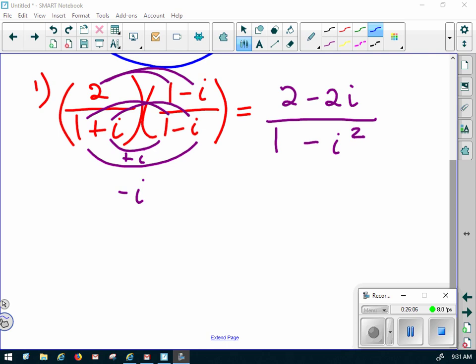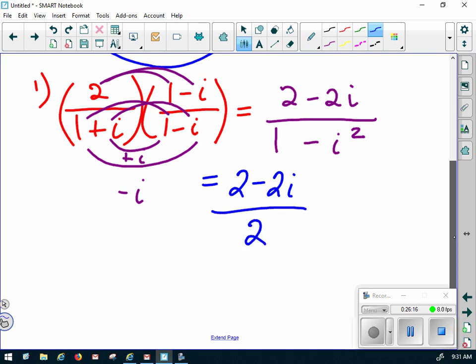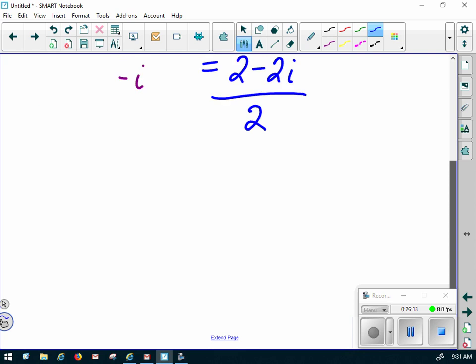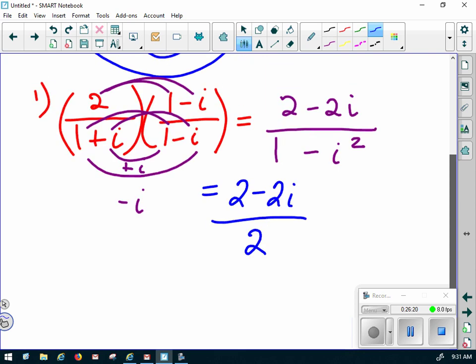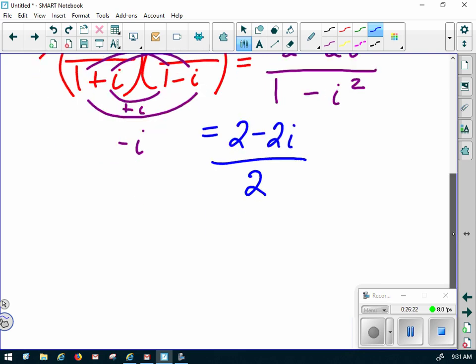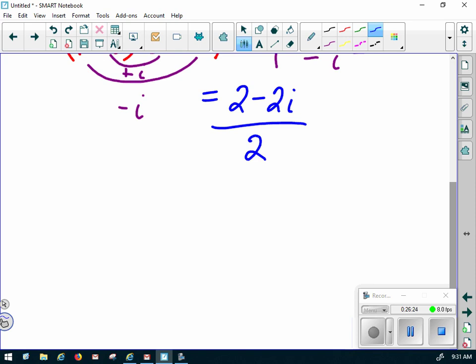Okay, now take a look. This is 2 minus 2i divided by 2, right? Now look here. You have to decide, will that simplify? Not to 0. Does the numerator have a GCF? 2.